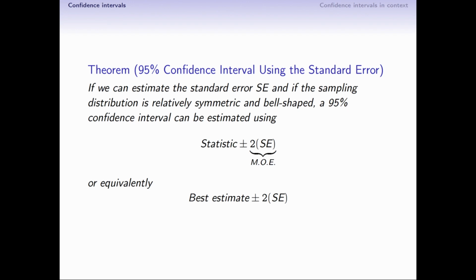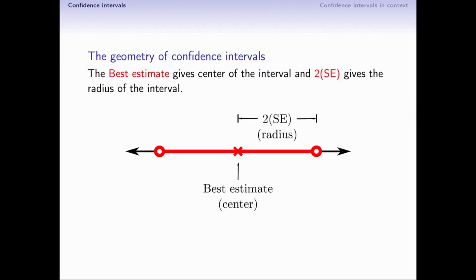I think it's incredibly helpful to have a geometric picture or a geometric understanding of a confidence interval. So let me offer you the following picture. We have a confidence interval here pictured in red. The center of that confidence interval is obtained by our best estimate, right? We're trying to estimate a parameter.